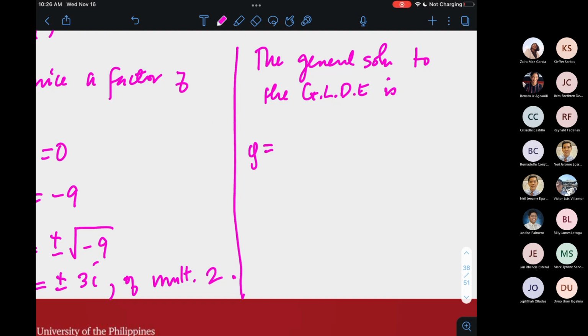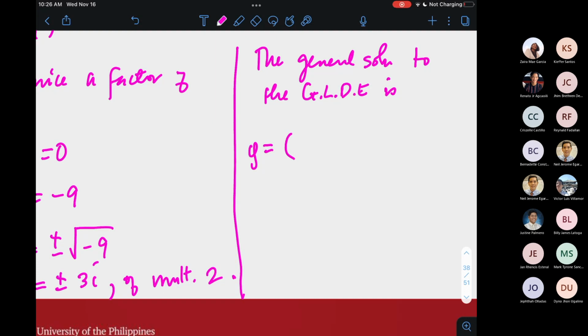Kasi yung mga roots natin ay multiplicity 2. Hindi, ganito na lang gagawin ko. So, dahil si 3i ay root of multiplicity 2, so ibig sabihin yung kanyang solution ay magkakaroon ng linear factor, right?